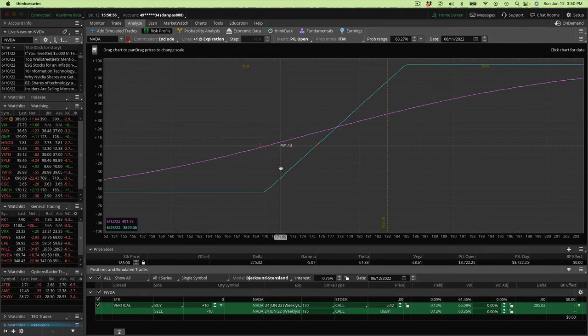I can do lots of little tricks and things like that to model this and really get a feel for how this position functions as time passes, as volatility changes, and at different prices in the underlying. I can look at what my P&L is, how my Vegas affects the position, and everything. So this is a really essential part of the trade process. Maybe the most important part is picking the best way to trade that strategy.